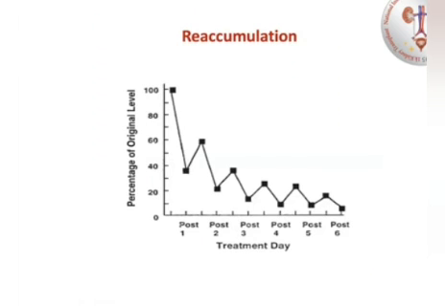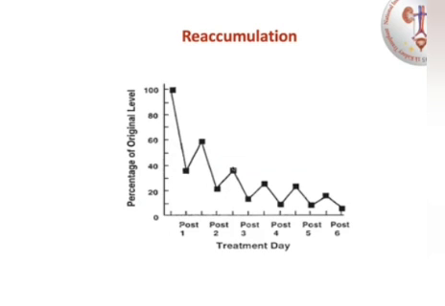There is the reaccumulation concept, which means that when you start with, let's say, 100% of the desired substance to be removed, after the first session, you may go down with the level of this substance to 40%. A day later, this 40% increases back to 60%. And then when you do the second, you go down to almost 20%.